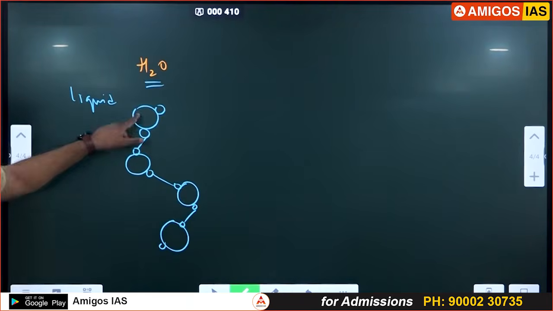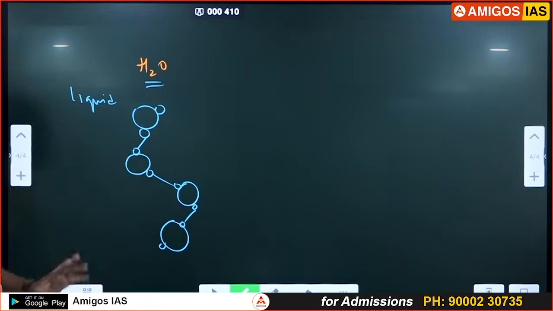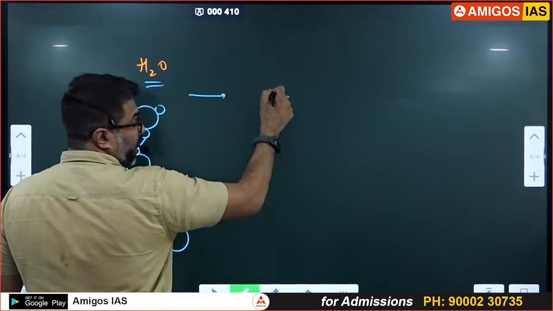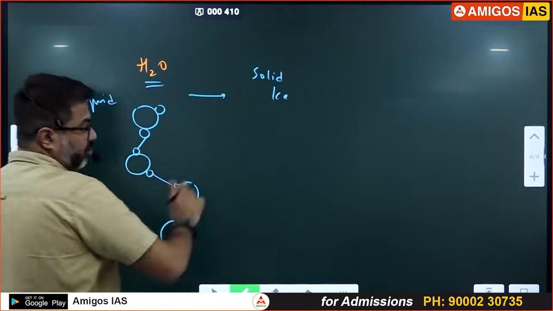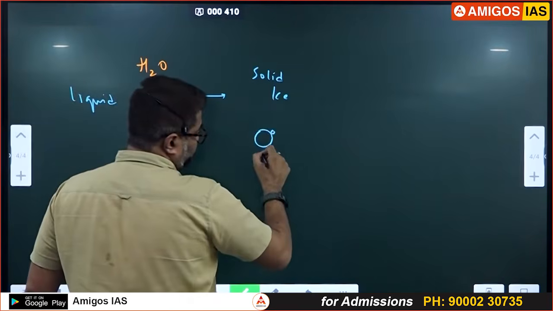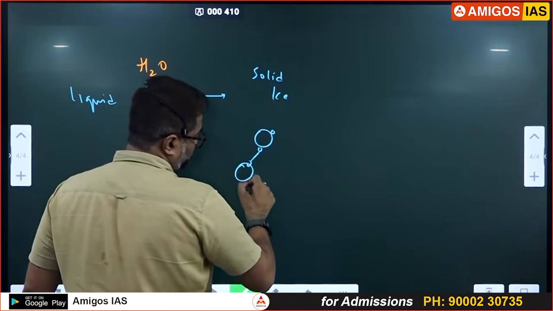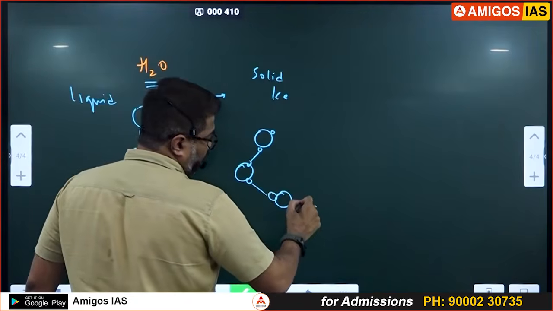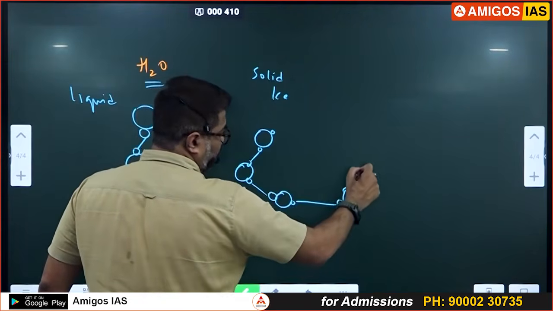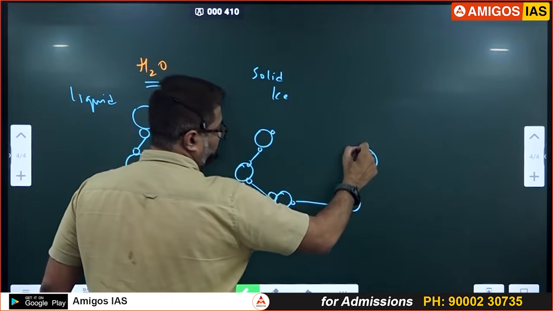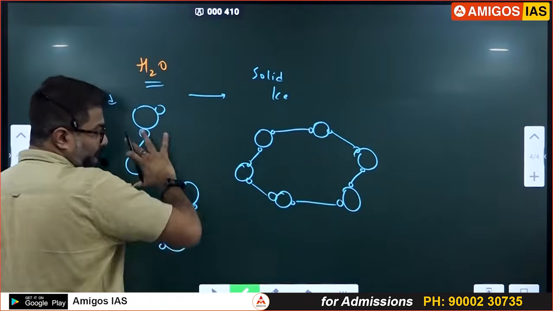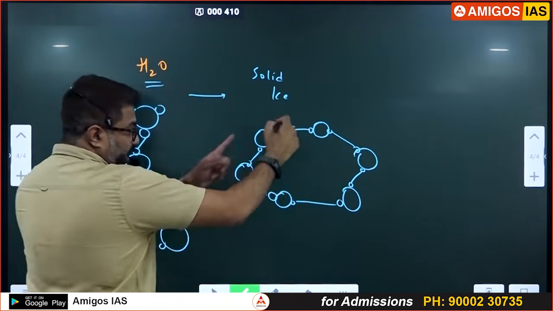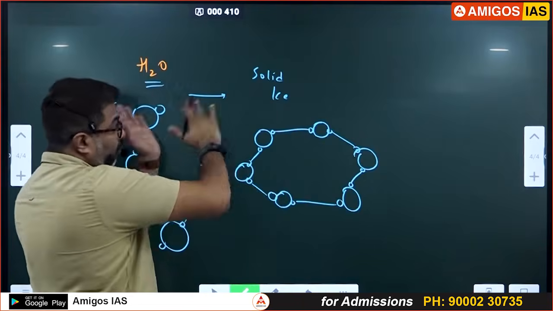When it starts to freeze, when ice is formed and becomes solid, what happens? The molecular arrangement changes. The entire molecules arrange in a hexagonal lattice form like this. So from a random arrangement, it attains a hexagonal lattice structure when it forms ice.